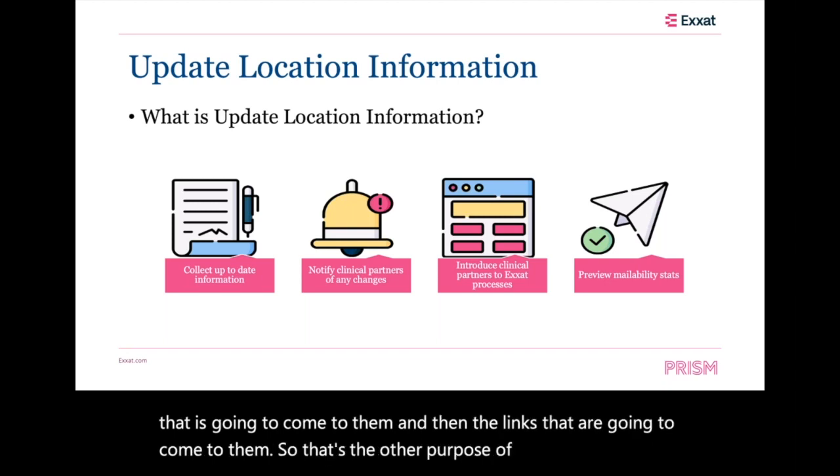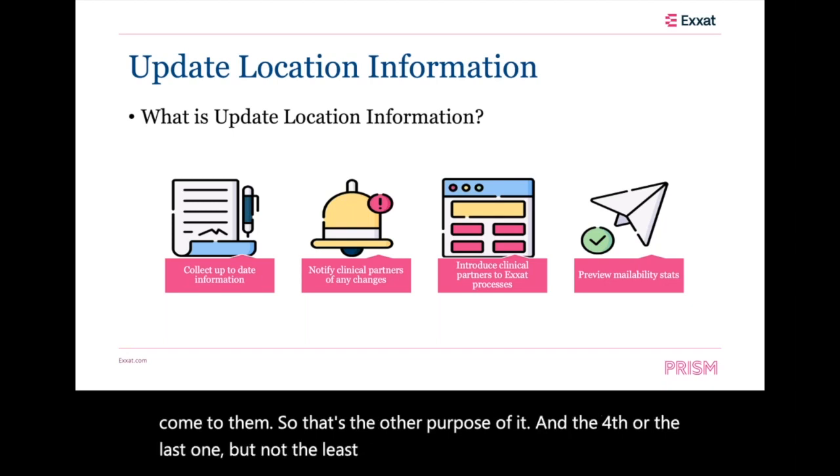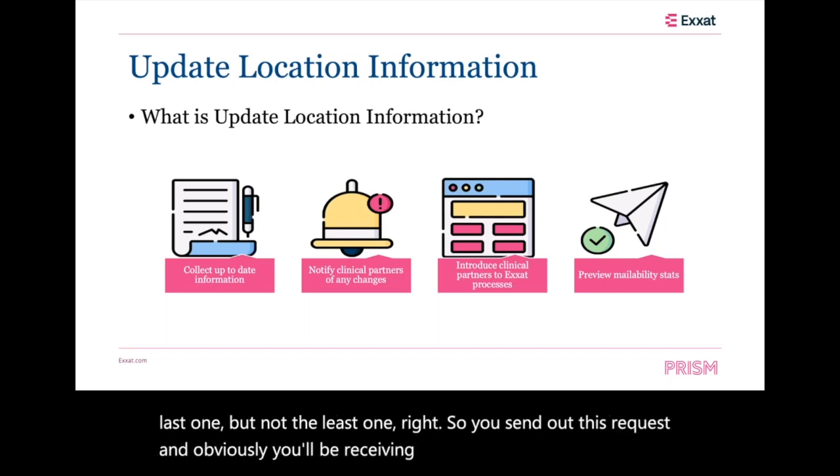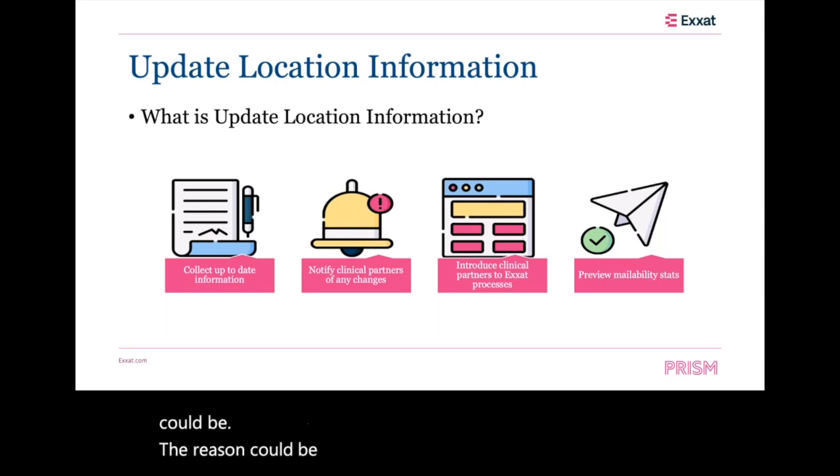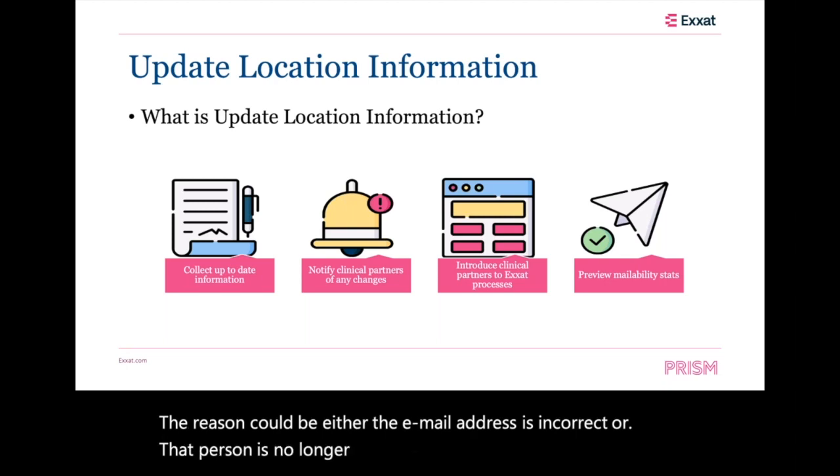And the fourth, last but not the least: you send out this request and obviously you'll receive some bounce backs. The reason could be that the email address is incorrect, or that person is no longer associated with that site, or the firewall at their system is blocking it.